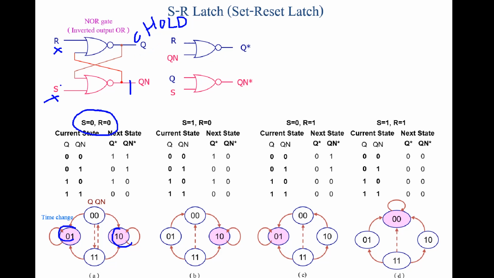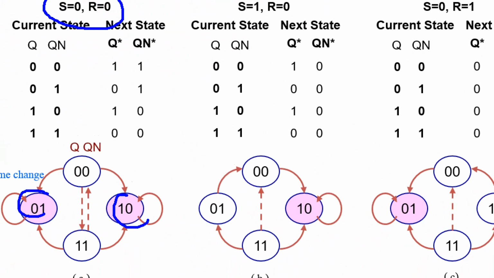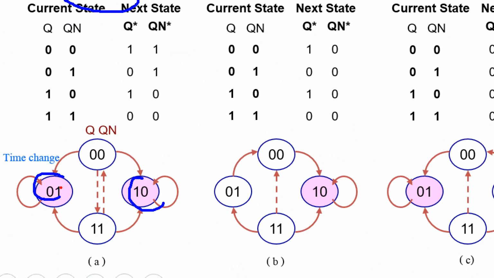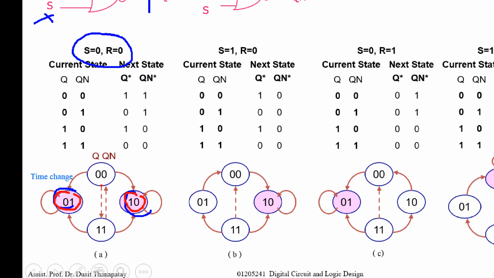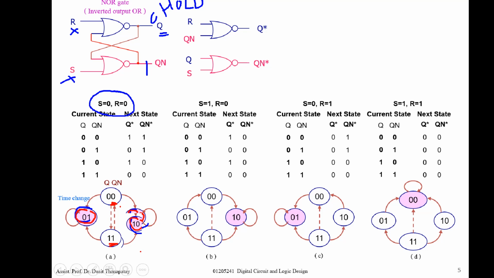When SR is not active, the value of Q will not change, under the condition that Q and QN are different, 1 0 or 0 1. If the current state is 0 0 or 1 1 and your circuit becomes bistable, the output of the circuit will be unpredictable. So be careful.